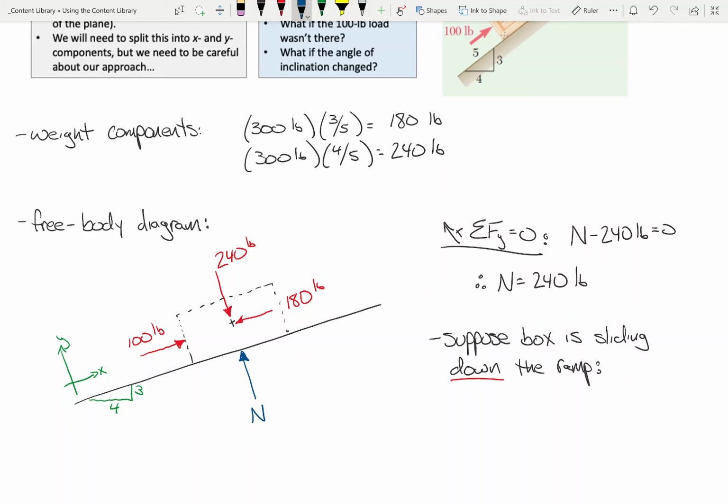If the box is sliding down the ramp, in what direction is the friction force acting? Up the ramp.